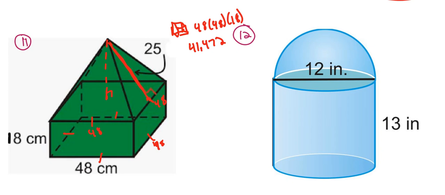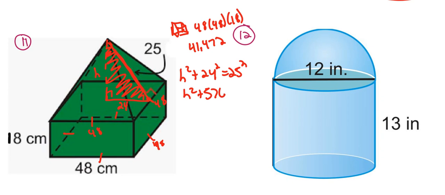So this 48 is being split. When we take our little line across, it's going to be 24. So this is the right triangle we're looking at. It's going to be h squared plus 24 squared equals 25 squared, which gives 49, and you end up getting that the height is 7.